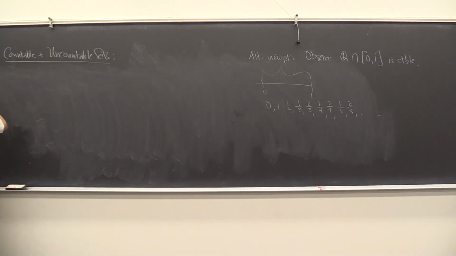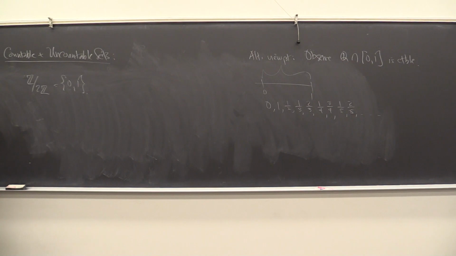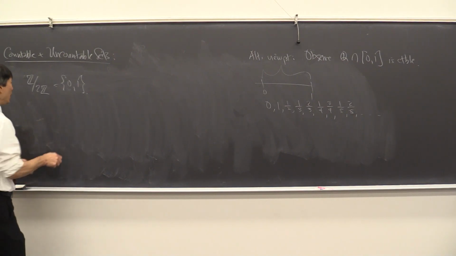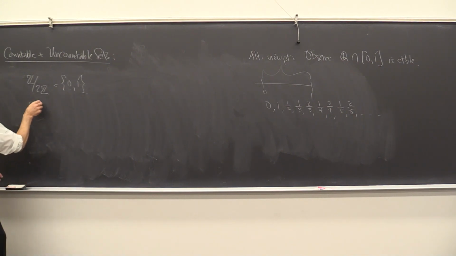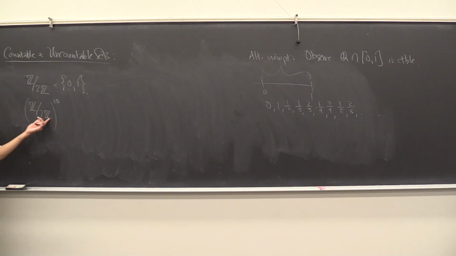Okay, but what we're going to see right now is the following. If we look at the set Z mod 2Z, that is 0, 1, just zeros and ones, and we take a finite Cartesian product of this, that's still going to be countable, because this is countable and we're taking a finite Cartesian product.